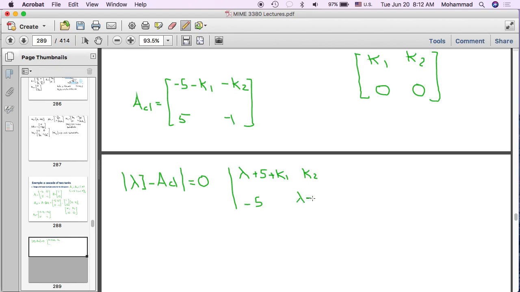And lambda minus minus 1 becomes lambda plus 1. So if you carry this out, this becomes lambda squared plus (K1 plus 6) lambda plus 5 plus K1 plus 5 K2, and that is equal to 0.